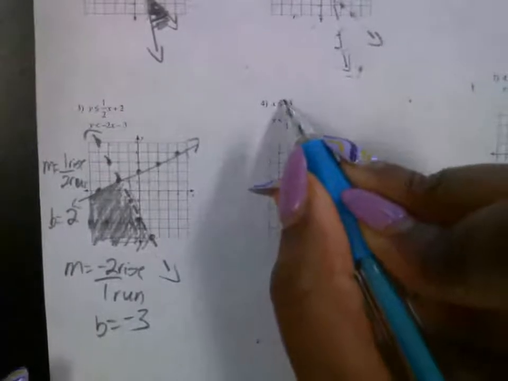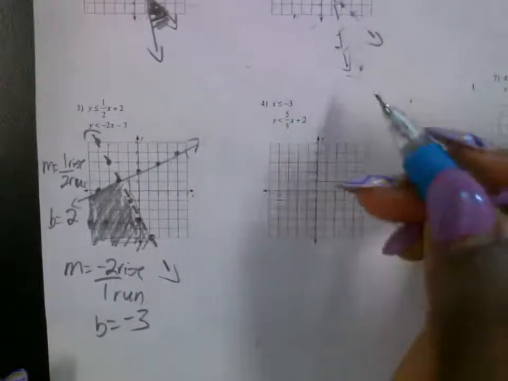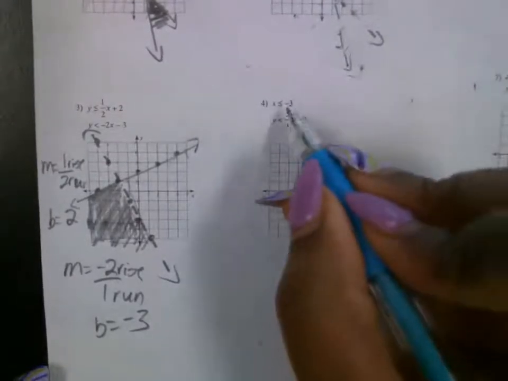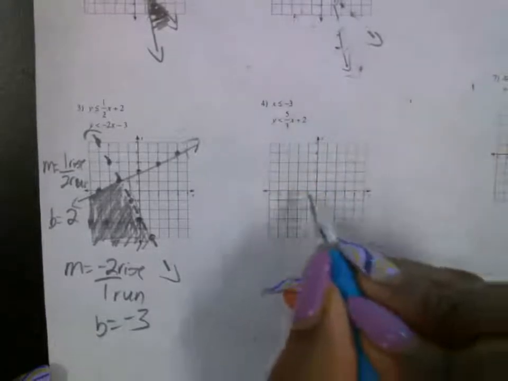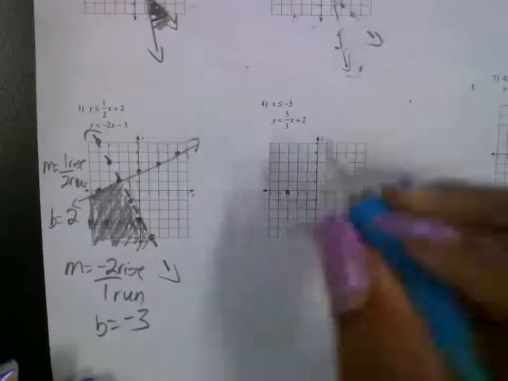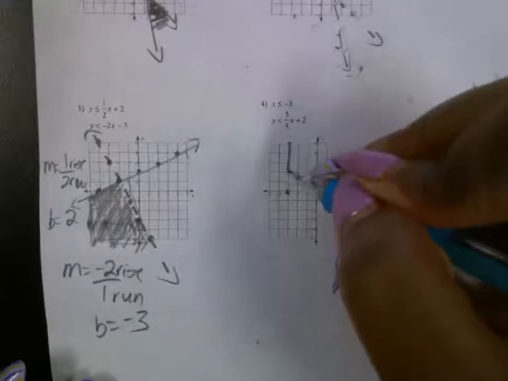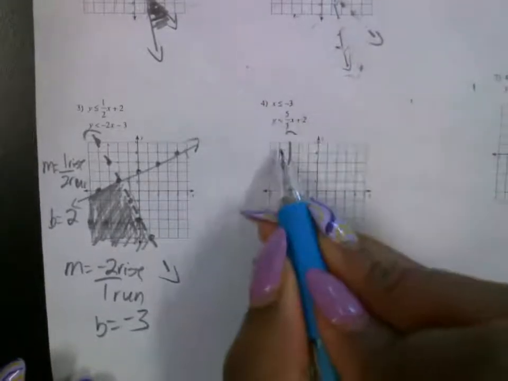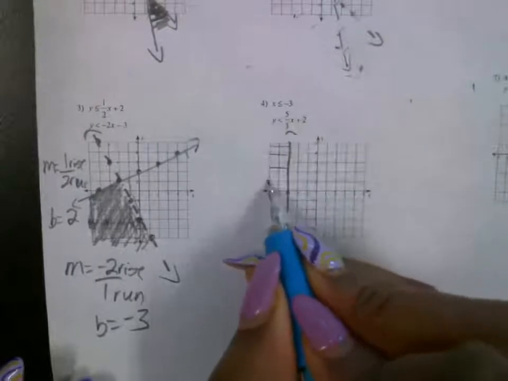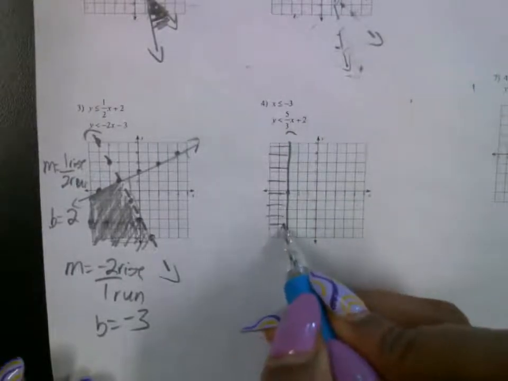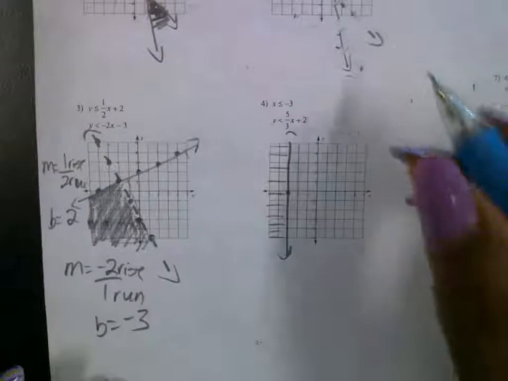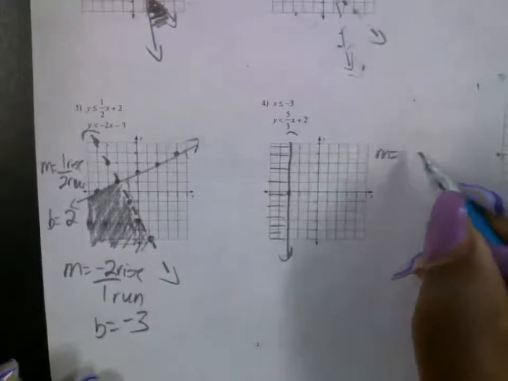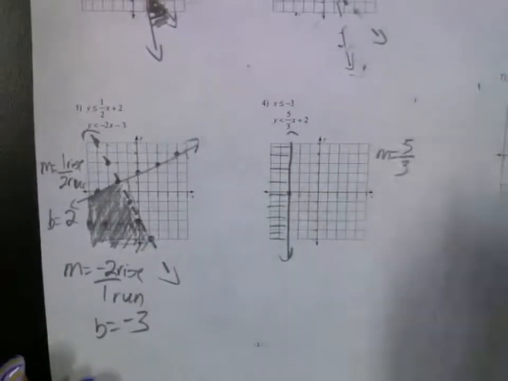This one is x is less than or equal to. Okay? So we're going to find -3 on the x-axis, which is here, and draw a solid line through it. This is less than, so we shade this way. Okay. The second equation, your slope is 5 over 3.